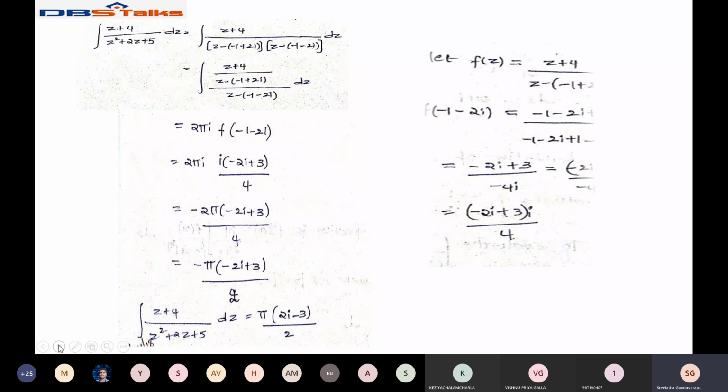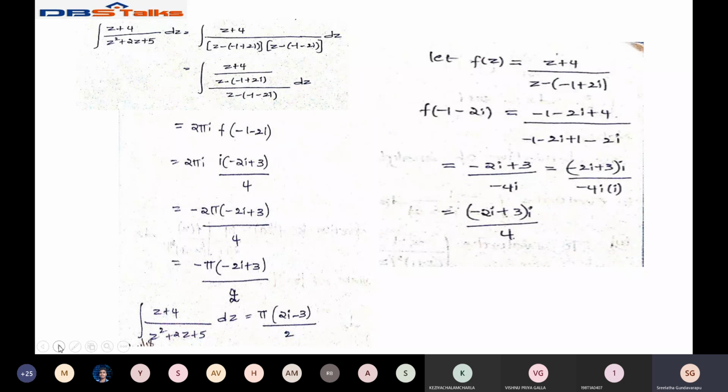Here a = −1−2i. Substituting the value in the function f(z), we get i(−2i+3)/4, which equals −π(−2i+3)/2, that is π(2i−3)/2.